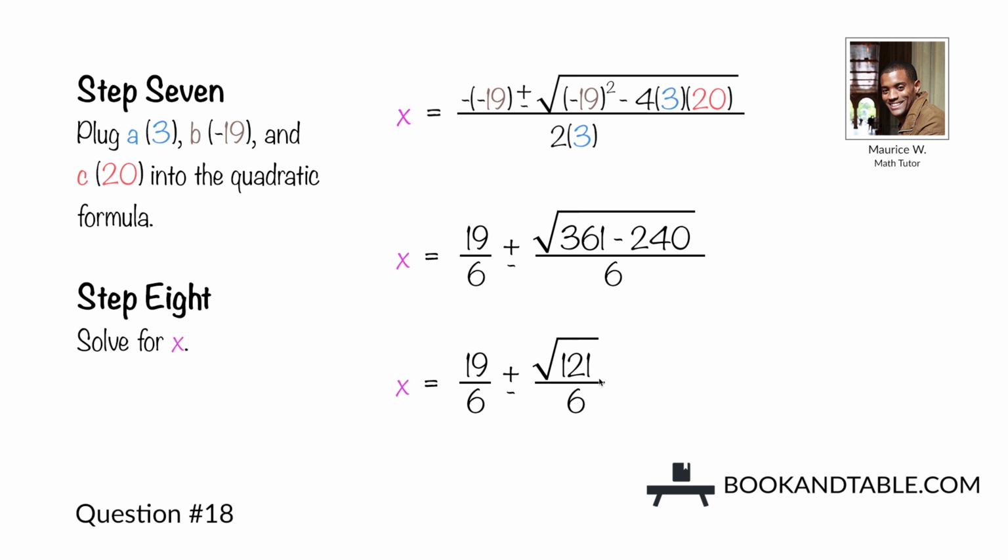And the square root of 121 is equal to 11, showing us that x has two potential values: 19 over 6 minus 11 over 6, which would be 8 over 6, and 19 over 6 plus 11 over 6, which is 30 over 6. So we see x is equal to 1 1/3 and 5.